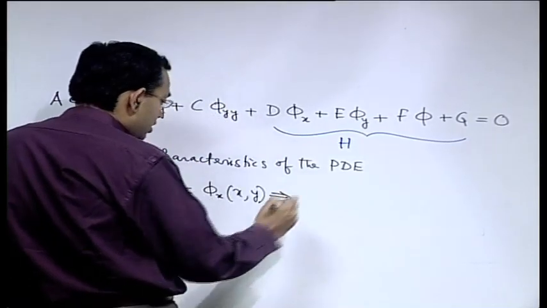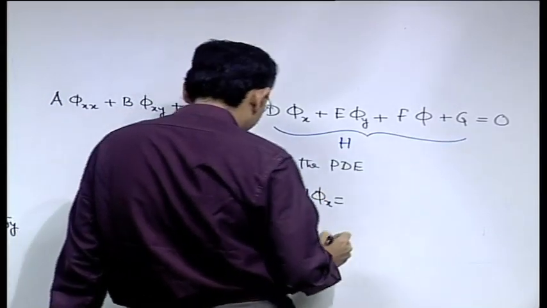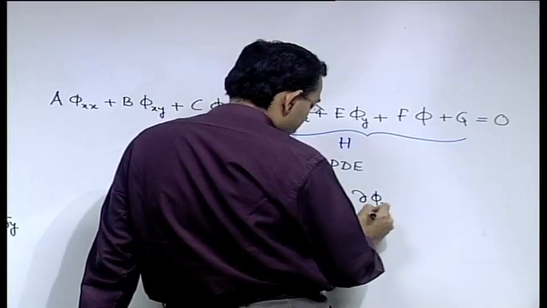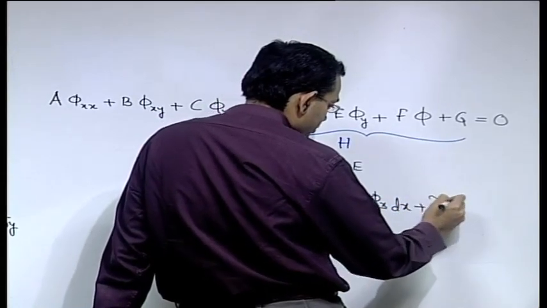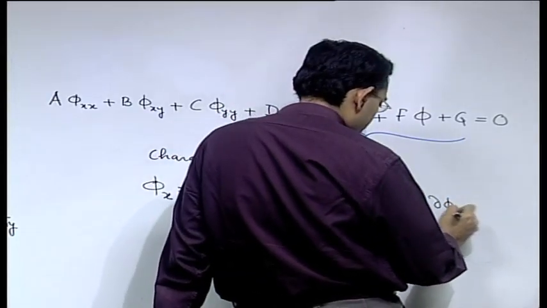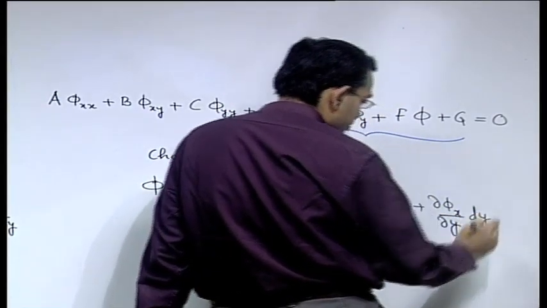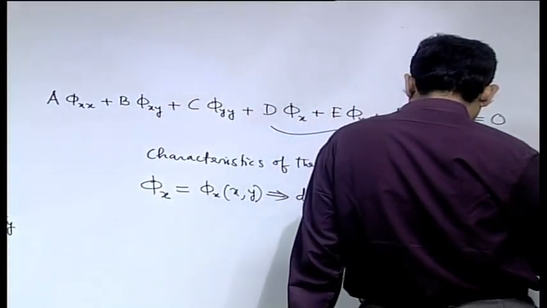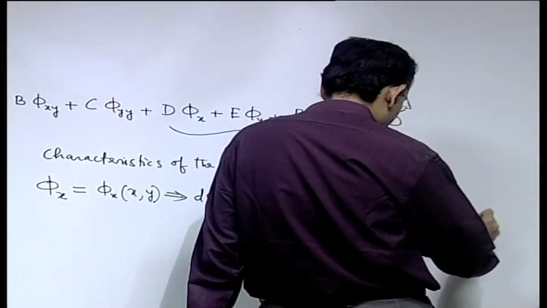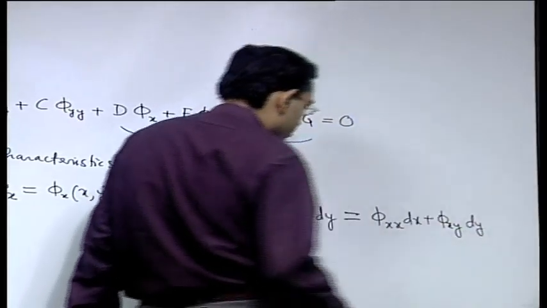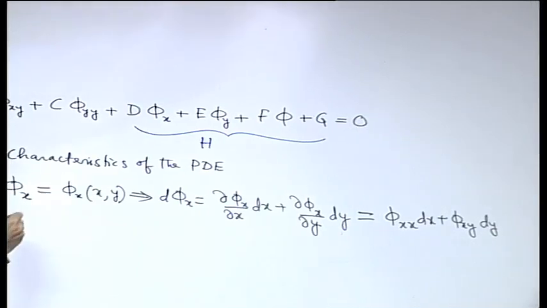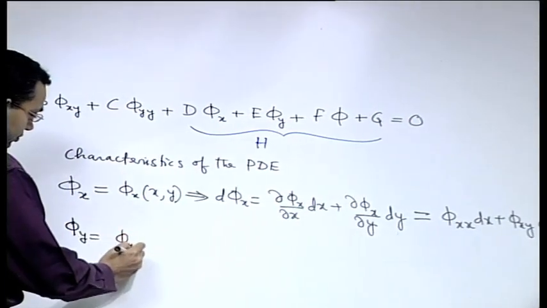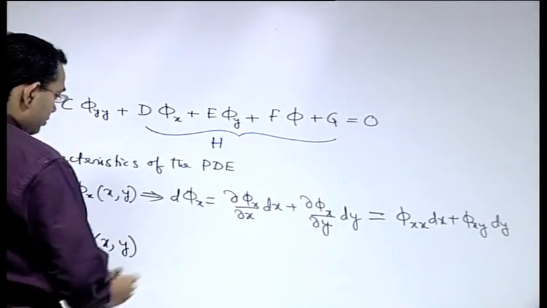So, from here you can write d of phi x. Similarly, phi y is a function of x and y.